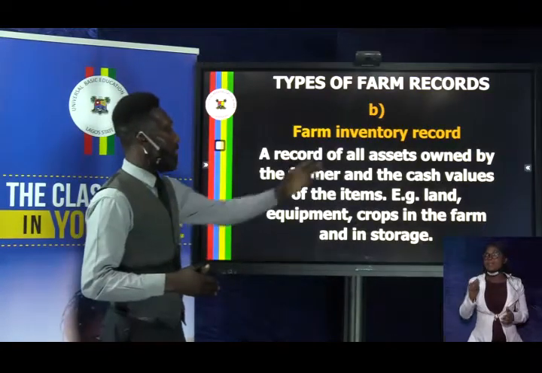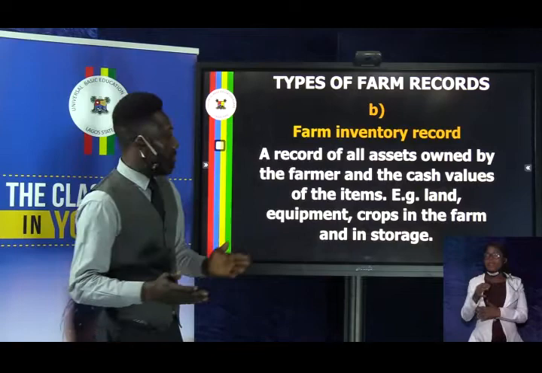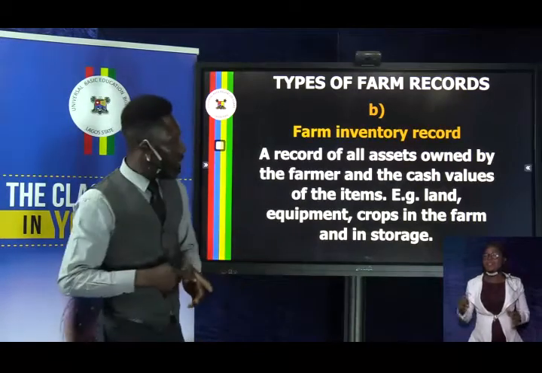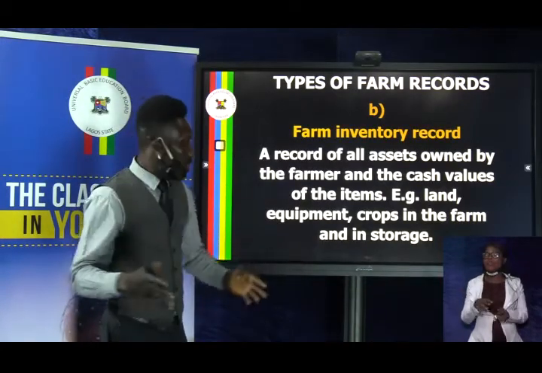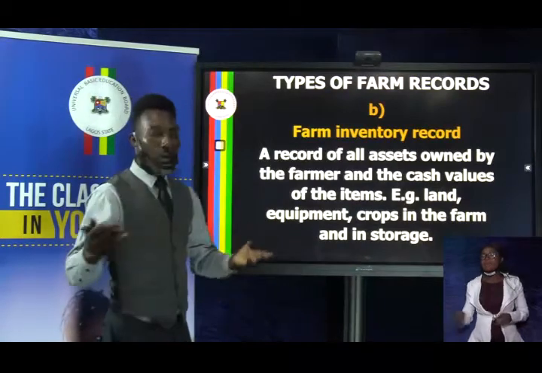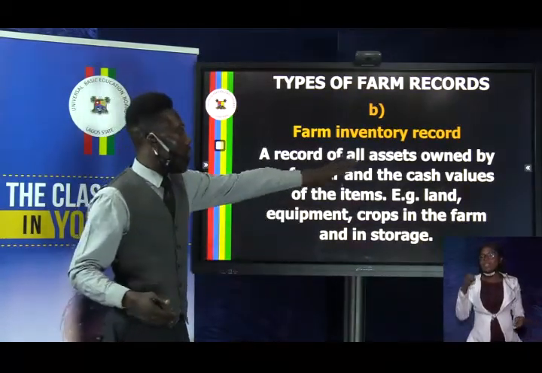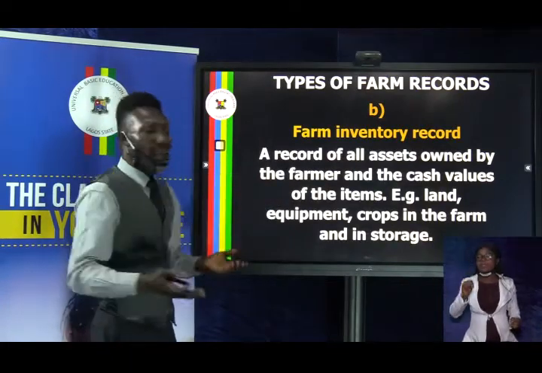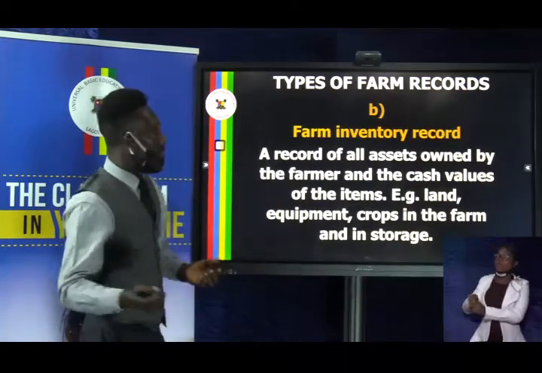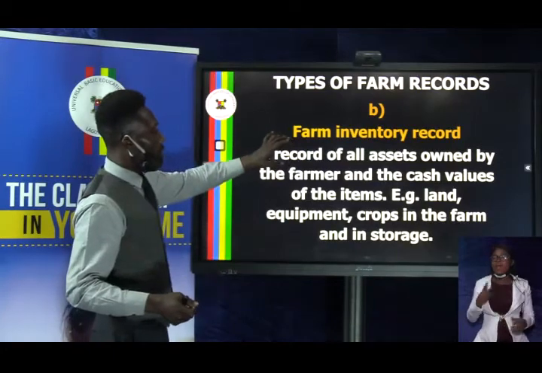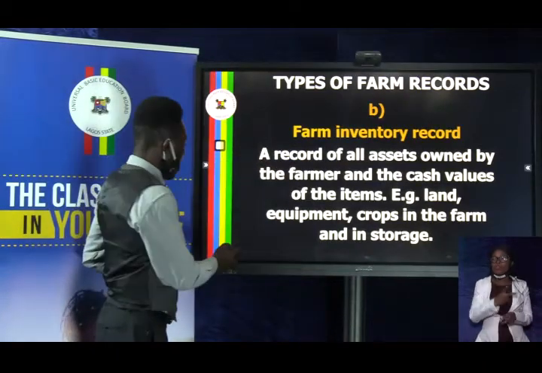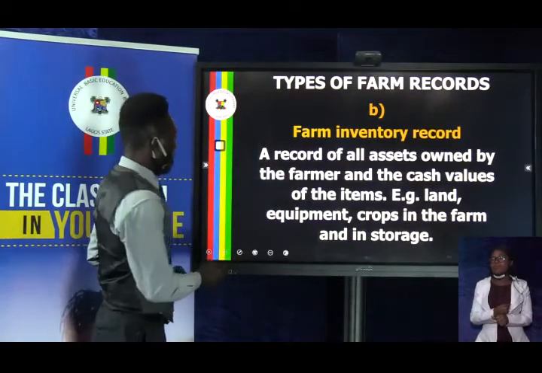What do we mean by the assets owned by the farmers? We are referring to the land, the equipment they are using on the farm, the crops on the farm, and in storage. All these are what we refer to as the assets owned by the farmer and the cash value of the items. So that is where you record all these in the farm inventory record.